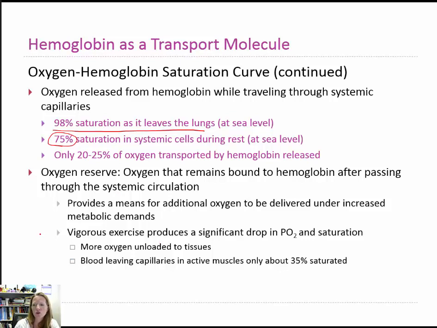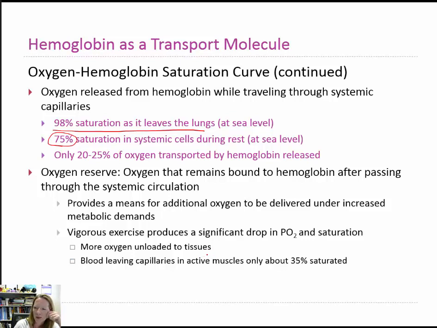You're going to have a huge drop in PCO2. I think it drops to 20 millimeters of mercury, if I'm remembering correctly, but yeah, you're going to have a significant drop. But that's in the systemic cells, not in the bloodstream itself.